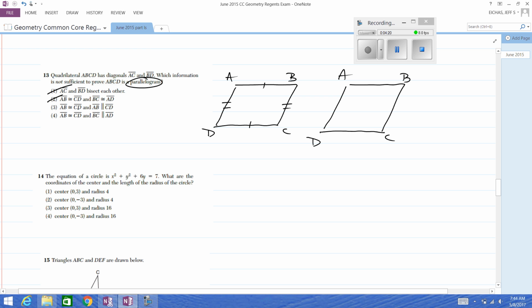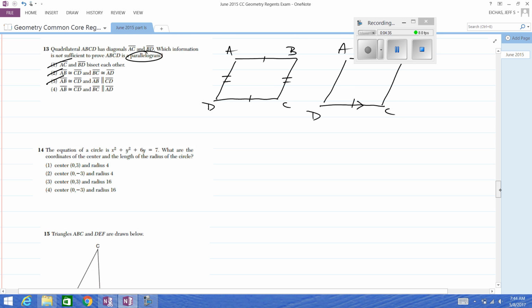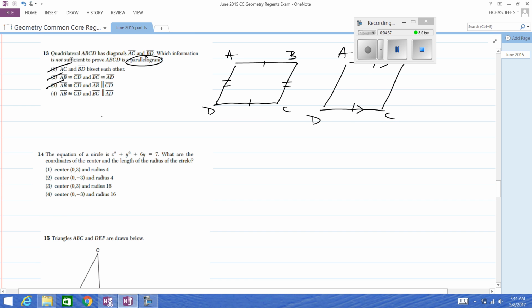Okay, let's go through this one. AB congruent to CD and AB parallel to CD. That again is enough. One pair of corresponding sides, parallel and congruent, is enough. Let's just see why the other one's not going to work. Here's the markings.